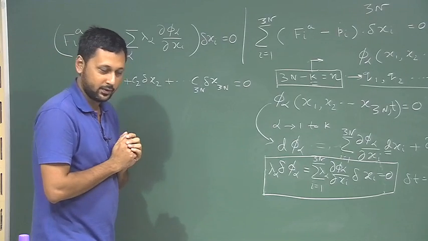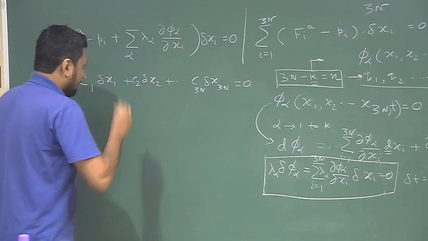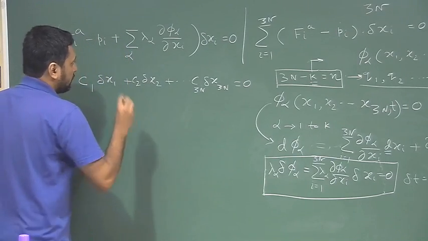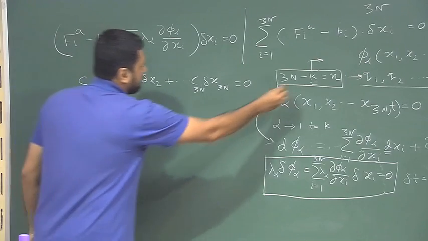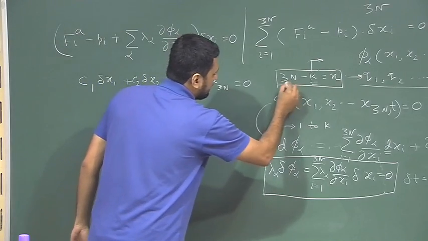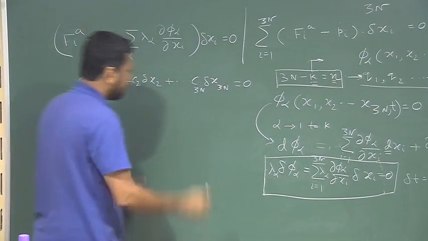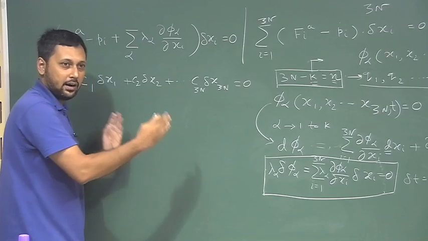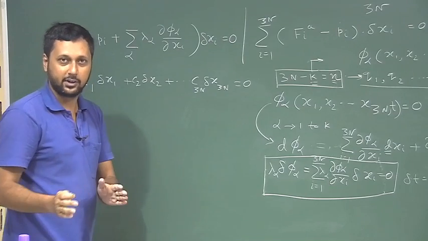We can do that in principle. If we do that such that k number of coefficients automatically vanish, then we are left with 3n minus k equal to n number of coefficients, which are exactly the same as the number of independent parameters.